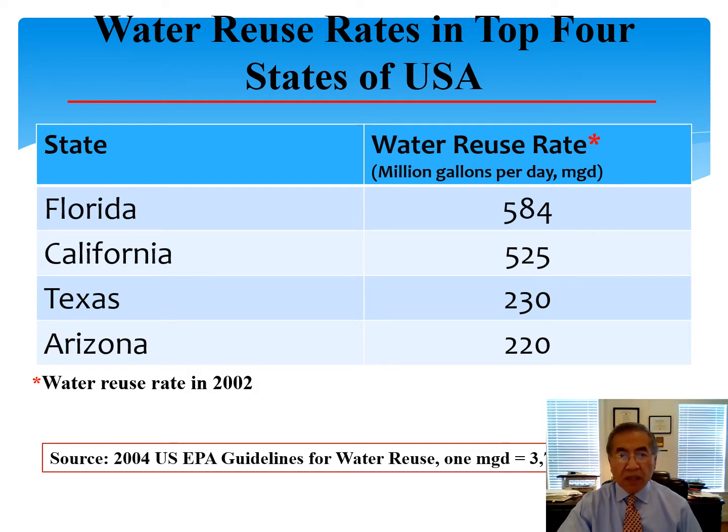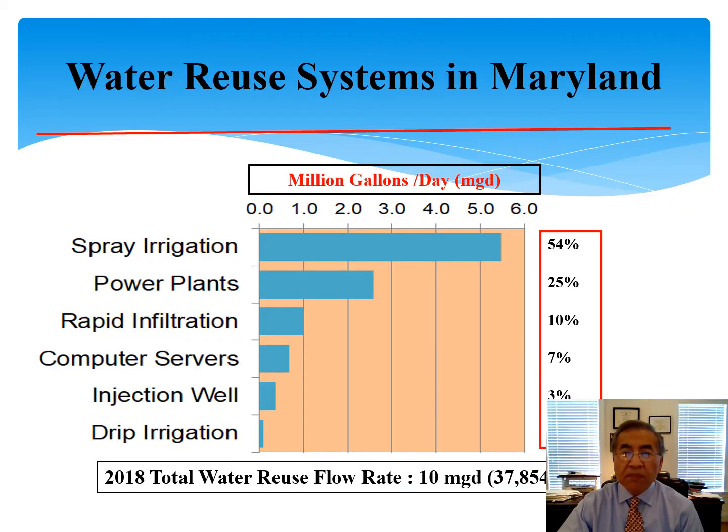Florida is #1, Arizona #4, ranging from 220 million gallons per day for Arizona to 584 million gallons per day in Florida. 1 million gallons per day is equivalent to 3,700 cubic meters per day, so you can convert this into the metric system.